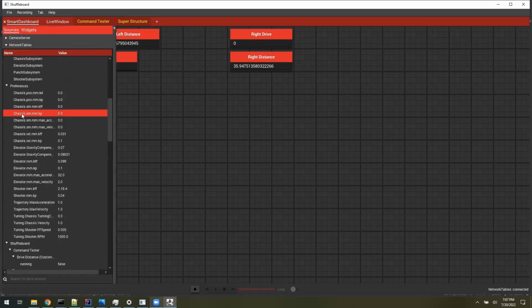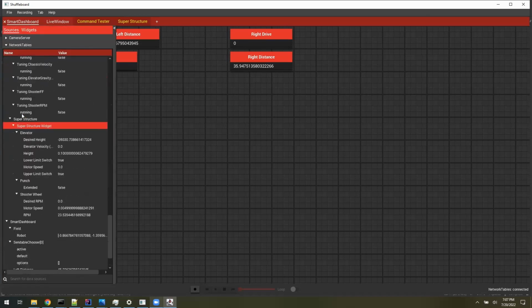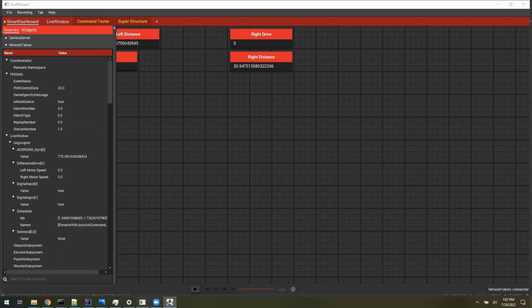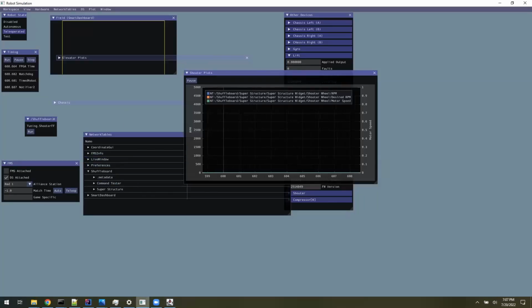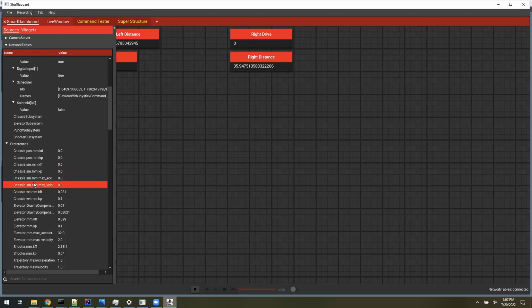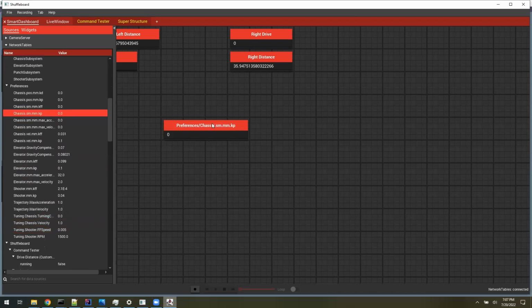And over here is how Shuffleboard represents the network table. So it's the same thing as the Halcyon GUI is doing here, just represented differently. So I can just drag something over to here. Also, anything that's a number, you can right click on it and show it as a graph, a number bar, a dial. There's all these different ways that you can visualize this data.